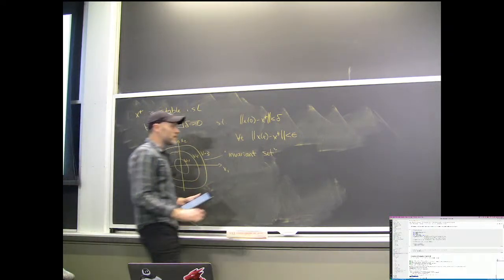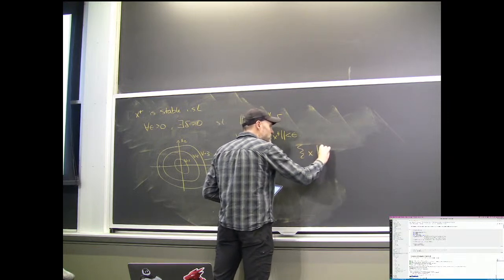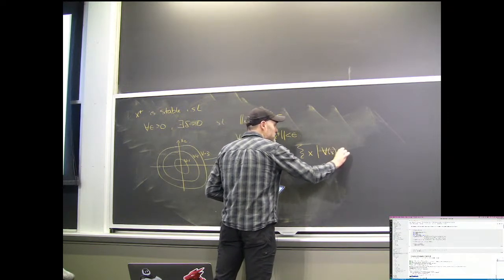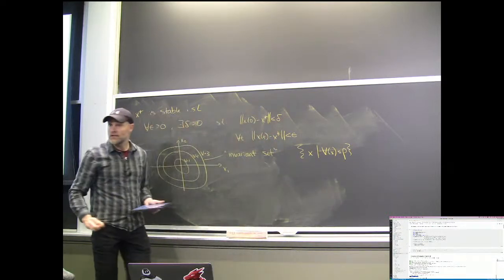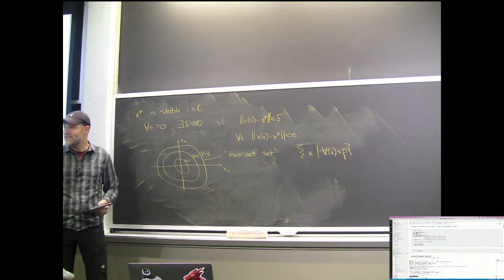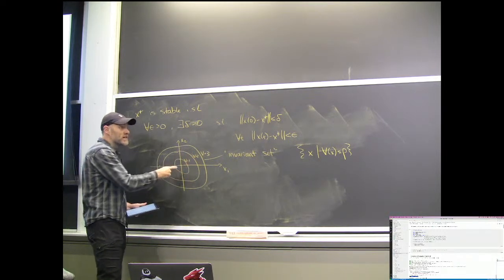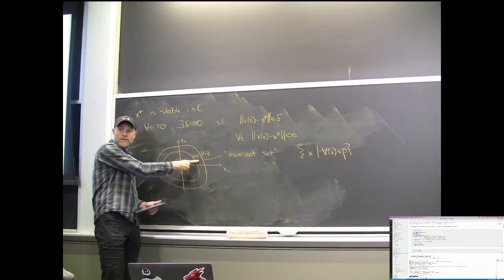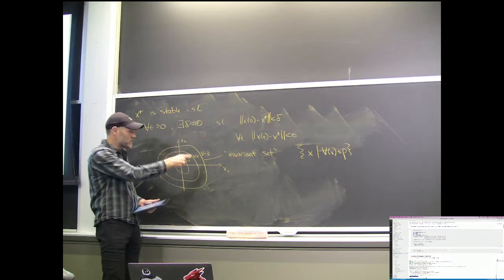In particular, once I have that property, then for any x where v of x is less than or equal to some rho is an invariant set. What do I mean by an invariant set? If you start inside that set, you will never leave that set. Trajectories that start inside this set will never leave because in order to leave, v would have to go up. And I know v dot is going down, or is less than or equal to 0.